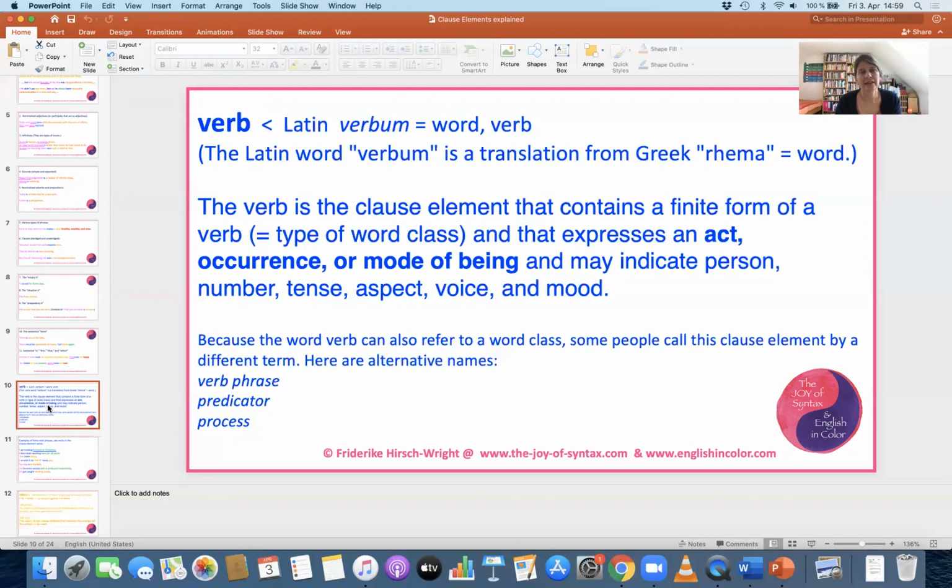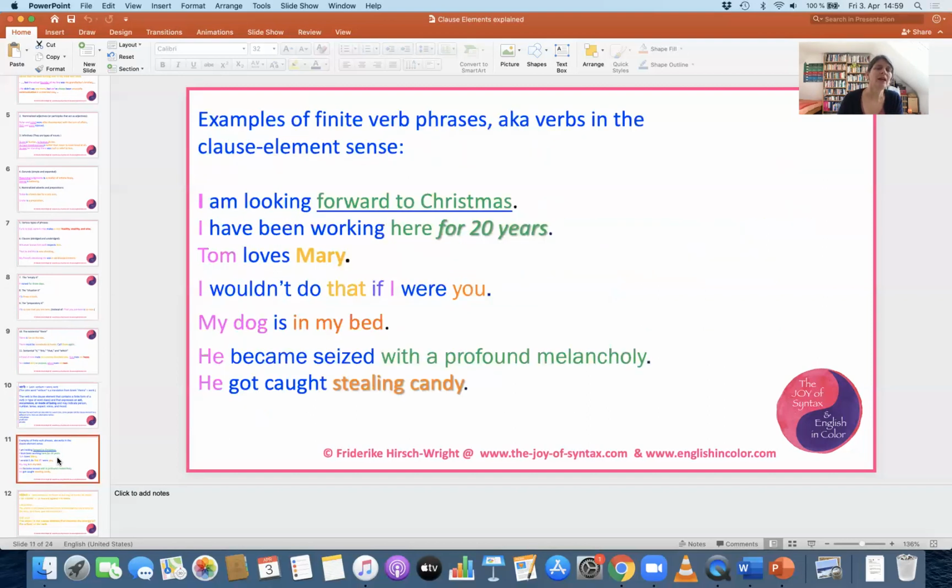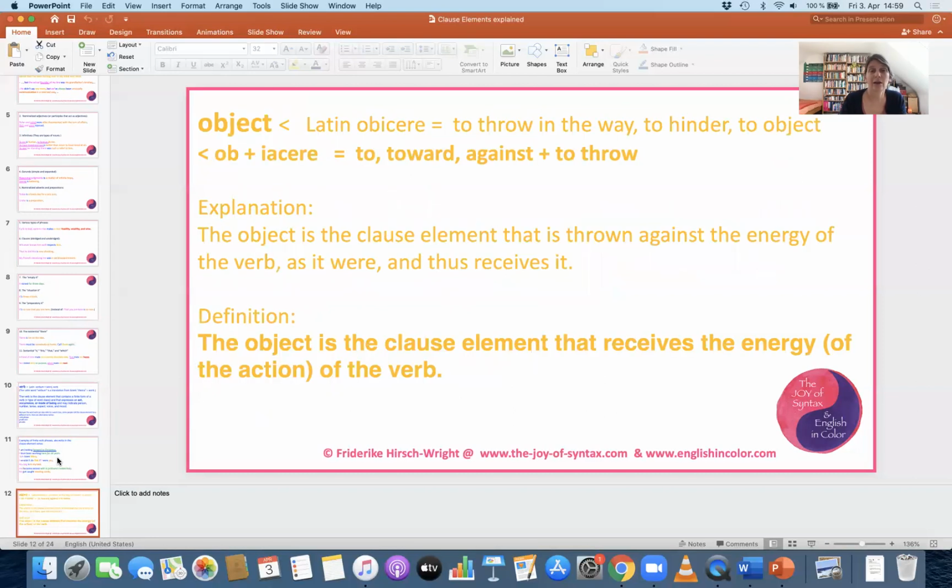So, yeah, and in Latin already the word verb was used to denote what it denotes in English today, among other things. So, examples of finite verb phrases, we looked at those, and now we want to look at the object.